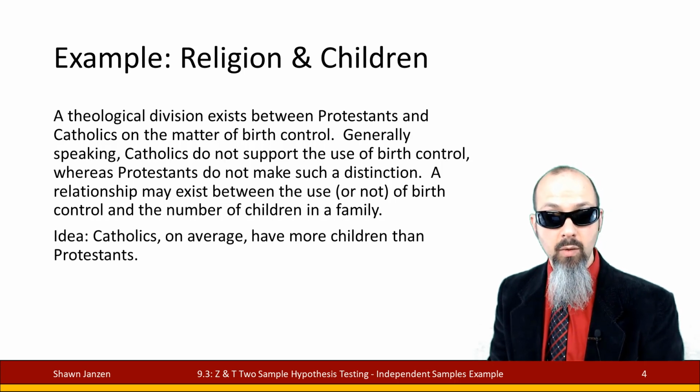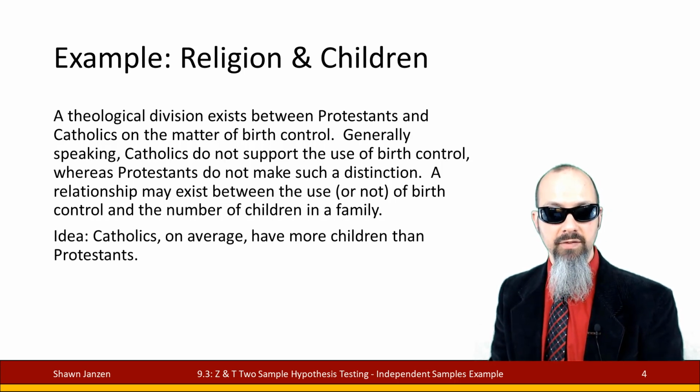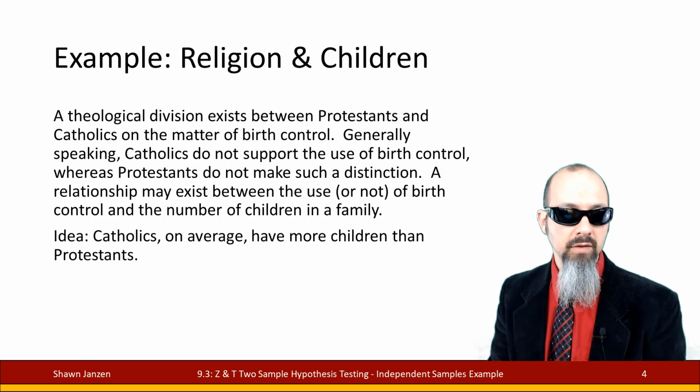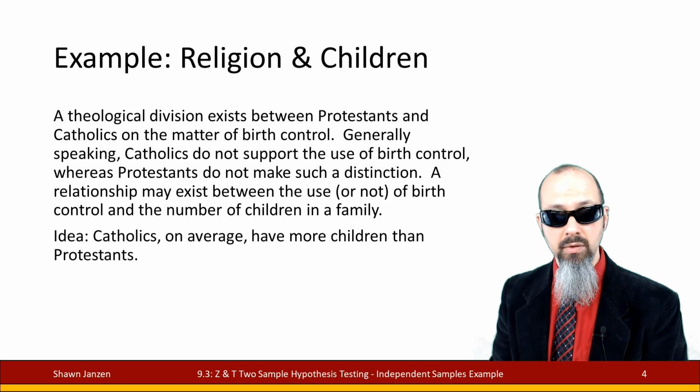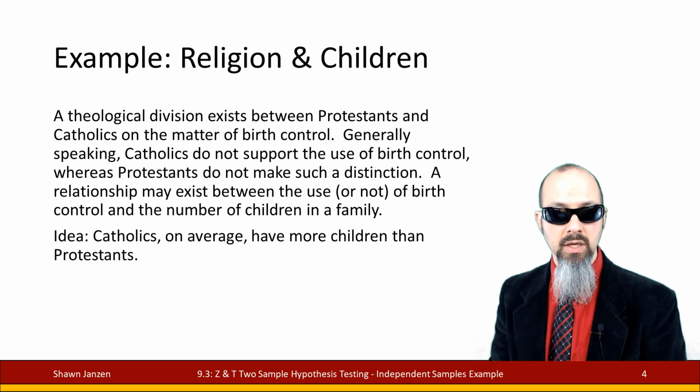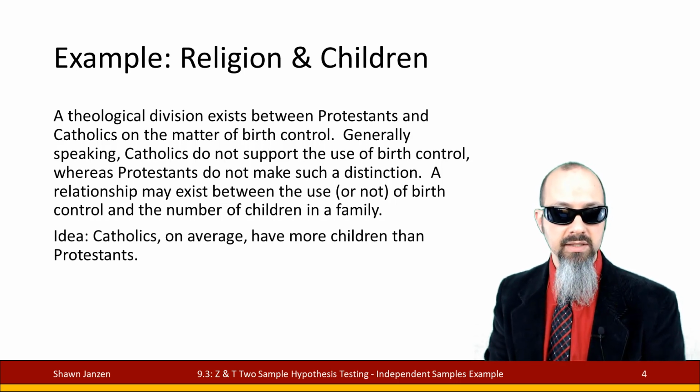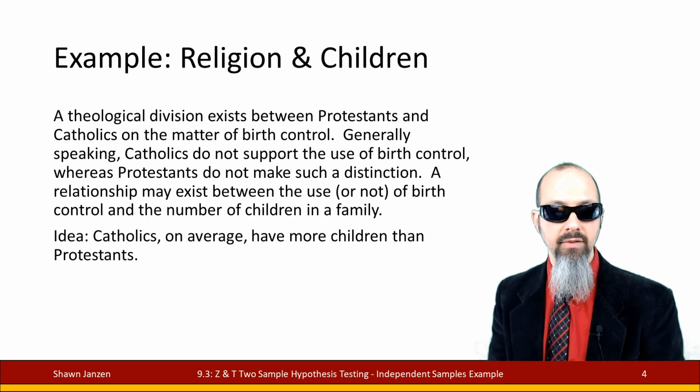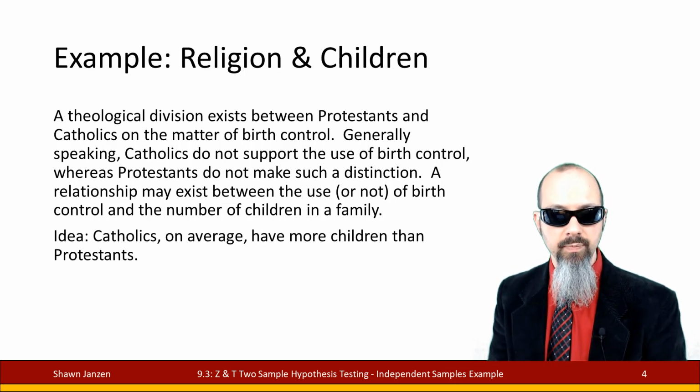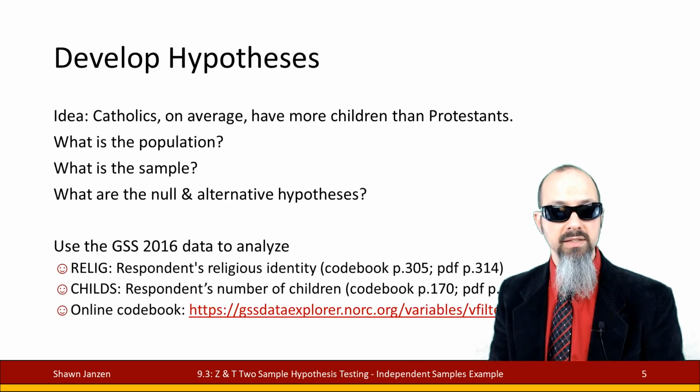So, if you're not quite sure where I'm going with this, if you use birth control, you're probably not going to have as many children versus a couple that does not use birth control, and therefore more likely to have pregnancies and potential children. So the idea is that Catholics, on average, have more children than Protestants. So we can go ahead and develop hypotheses that Catholics, on average, have more children than Protestants.